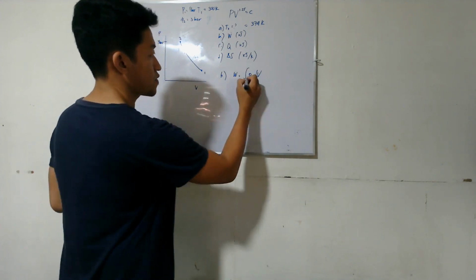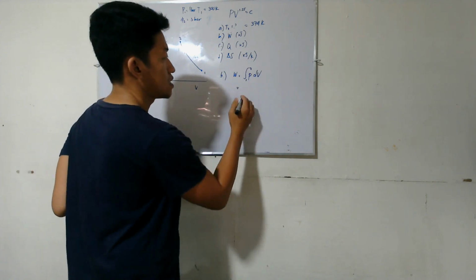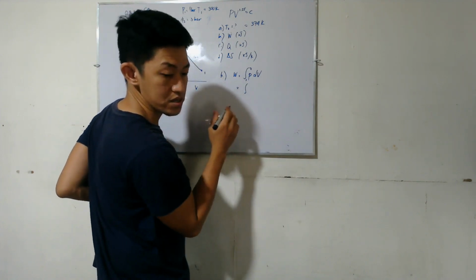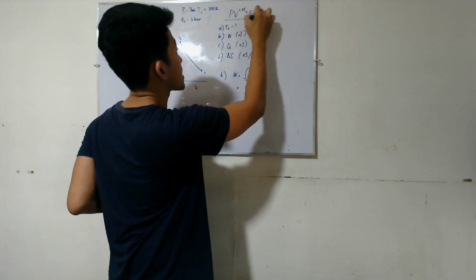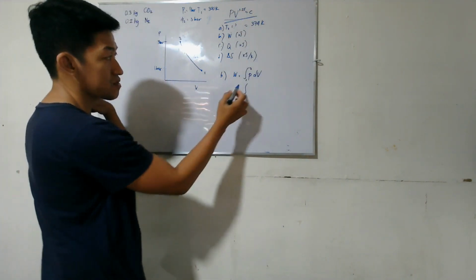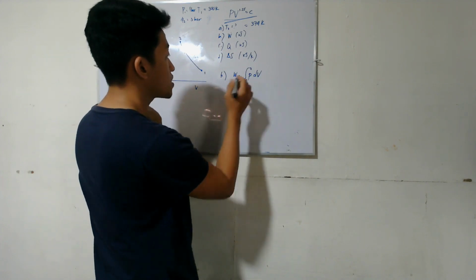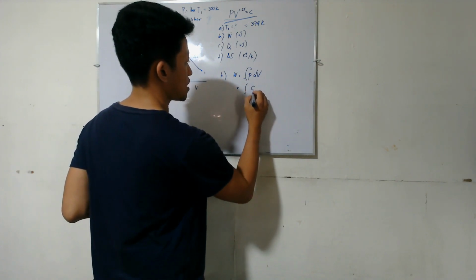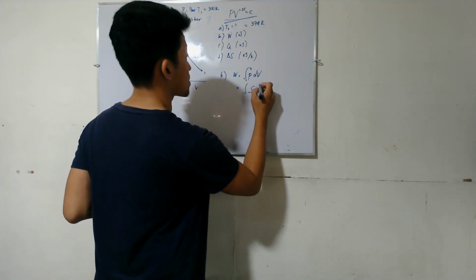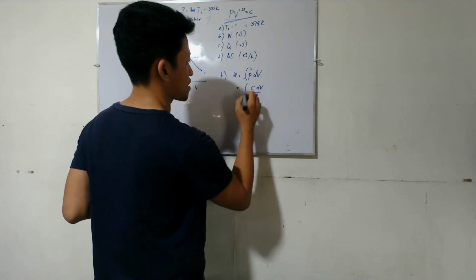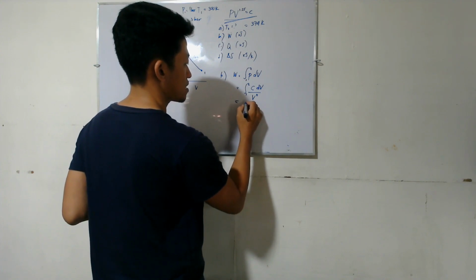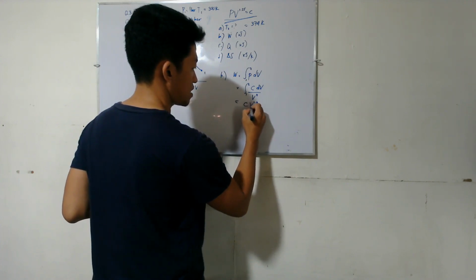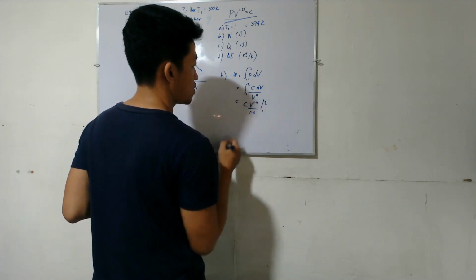Okay, so let's find the work done for a polytropic process. We will derive it. We need to find an equation that relates pressure to volume, because we cannot evaluate the integral unless it is in terms of volume or constant. So pressure is just C over V to the n. The integral of C V to the negative n dV is C times V to the 1 minus n over 1 minus n, evaluated from 1 to 2.